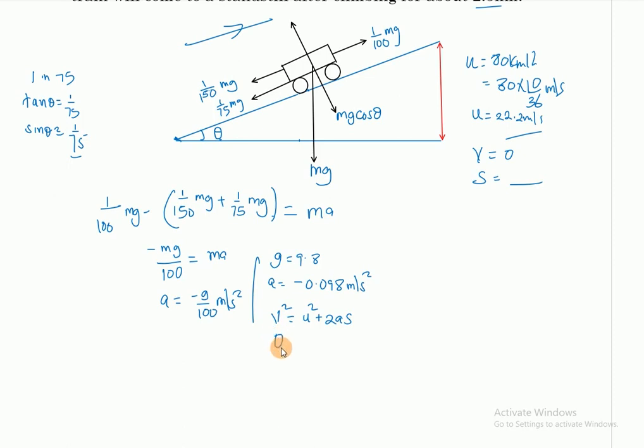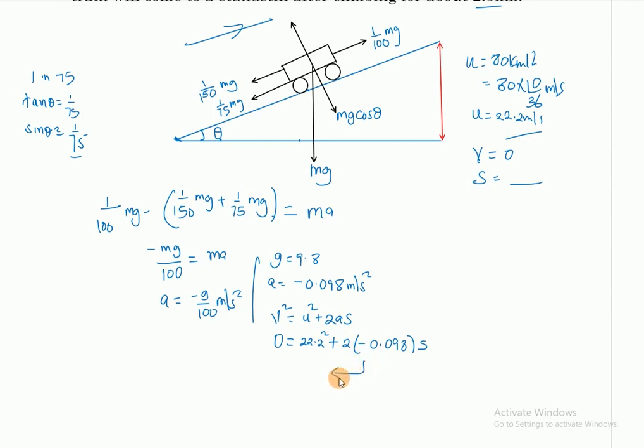When the body comes to a standstill, v is equal to 0. But when it was just beginning the ascent, we had u as 22.2. We have that squared plus 2 times the acceleration, which is negative 0.098, then times the value of s.